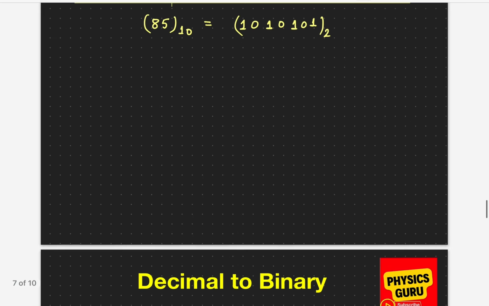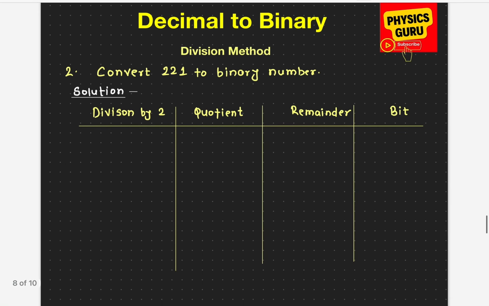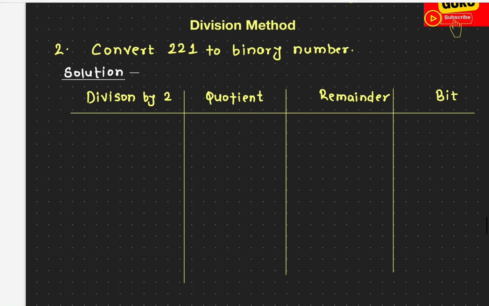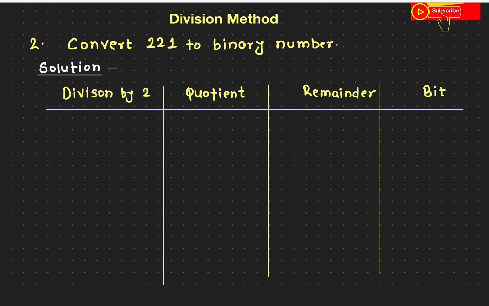So now let's talk about another number, which is 221, and we're going to convert it into a binary number. What's the first step? The first step is to divide 221 by 2, and if you do that, the number you get is 110 as a quotient, and the remainder is 1, and you call this bit 0.